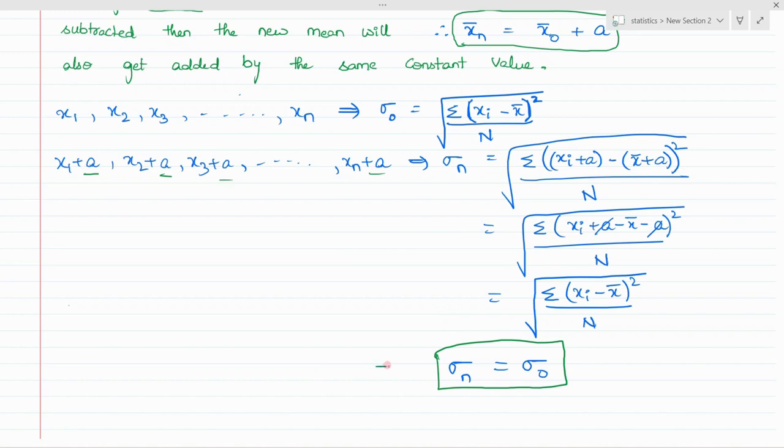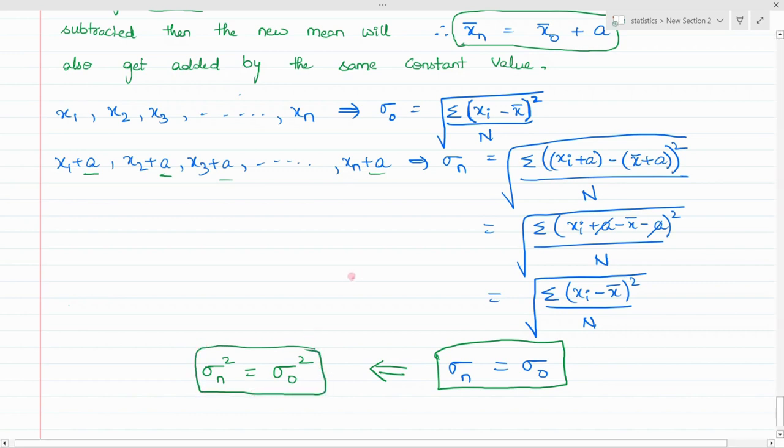Similarly, the variance, that is the square of the standard deviation, will also remain as it is. So when we add or subtract a constant to the data, the standard deviation as well as the variance remain as they are. They do not change. Only the mean changes, that too the old mean plus the constant value.